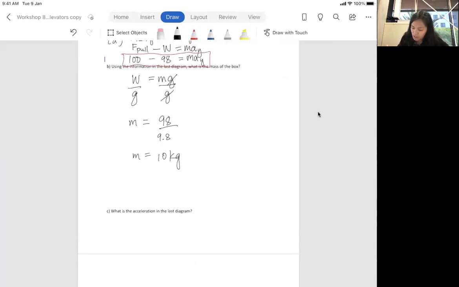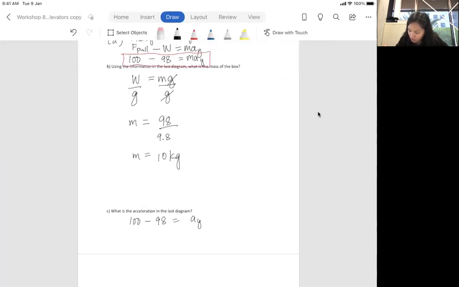The pull force is 100 newtons upwards, so that's positive, and the weight force is 98 newtons downwards, so that's minus 98. And that's equal to mass times acceleration along the y.